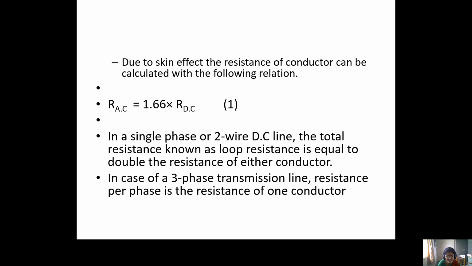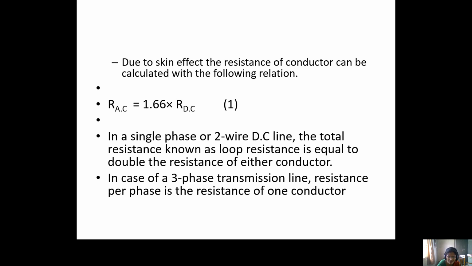Why you get this formula: in a single-phase or two-wire DC line, the total resistance, known as loop resistance, is equal to double the resistance of either conductor. That resistance is a double value.